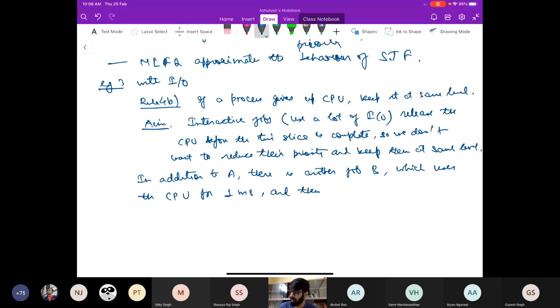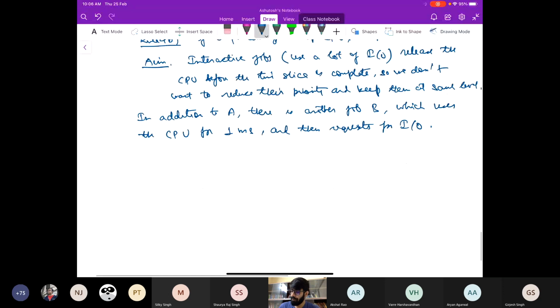It requests IO, let's say. So what happens in that case? Again, we go through the same picture, Q2, Q1, Q0.